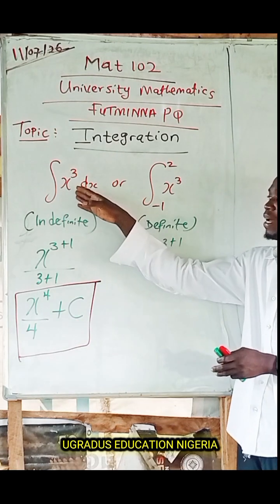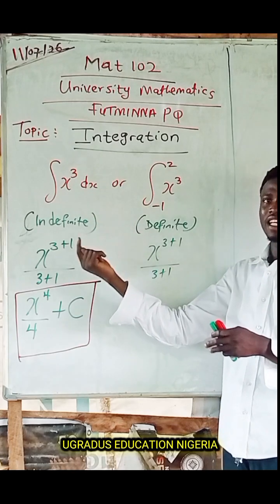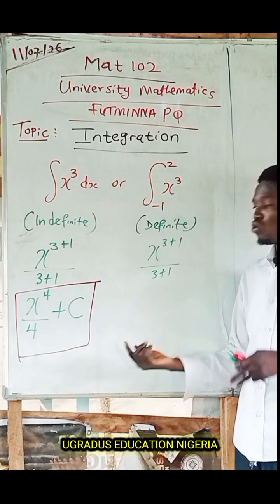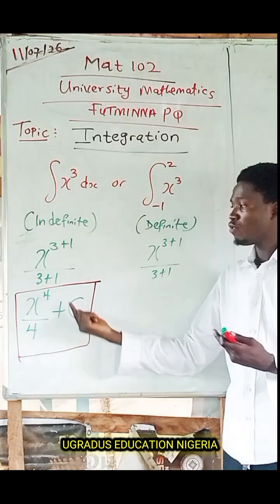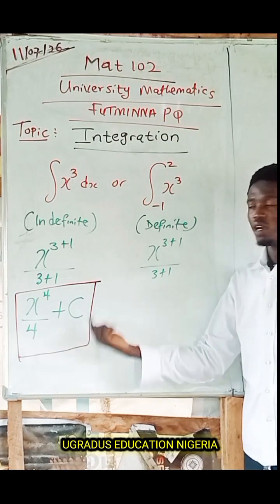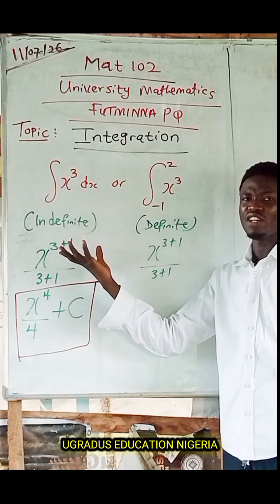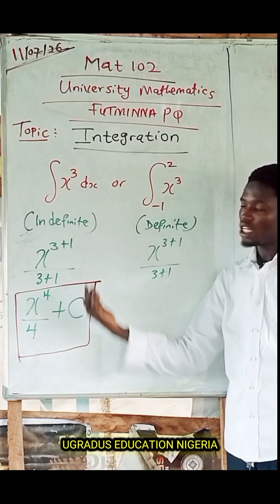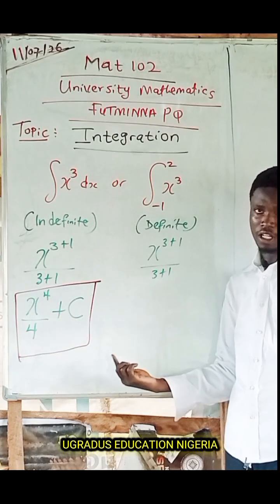So we don't know the number that this might be coming from when it is being differentiated. We don't know whether it is 5 or 100 or anything. So that means if there is any constant that you might be coming with that I don't know, let this constant take care of that. So you must always put a constant because this is indefinite. You are not definite. You are not very sure of the nature of this. So that's why when you are done, you must put a constant.